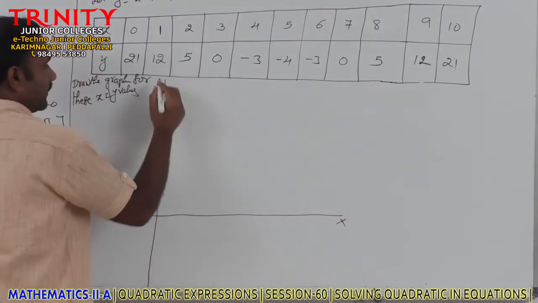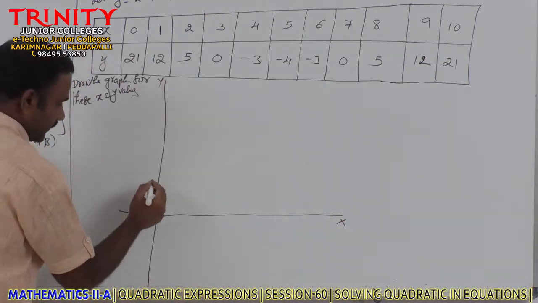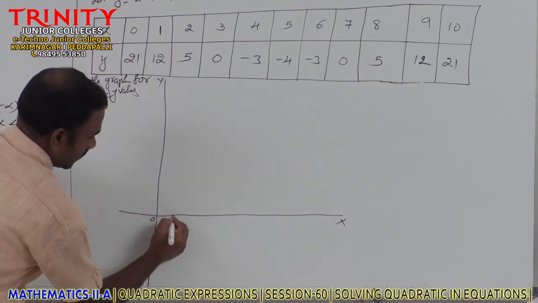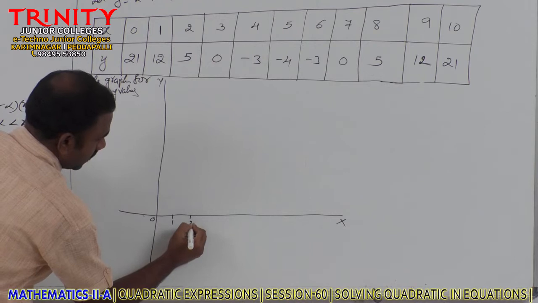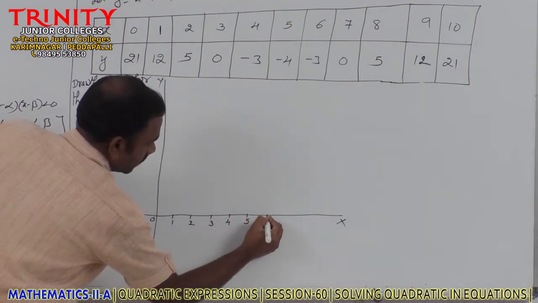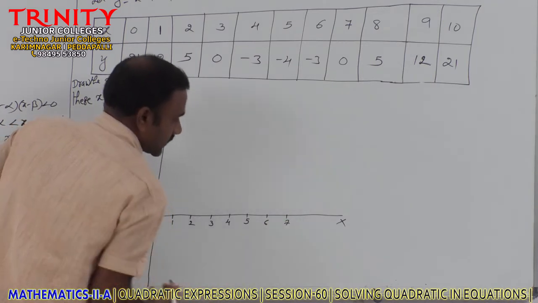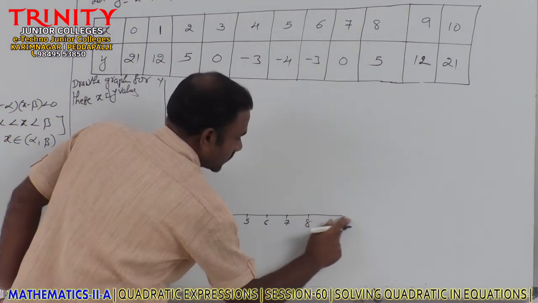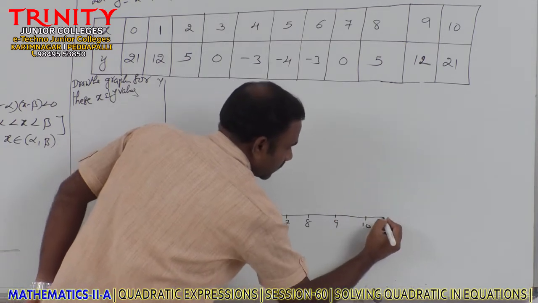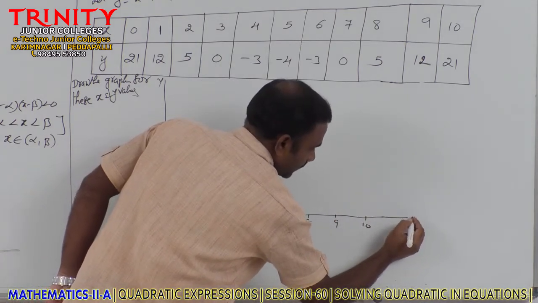X axis, y axis. 0, 1, 2, 3, 4, 5, 6, 7, 8, 9, 10 on the x axis.